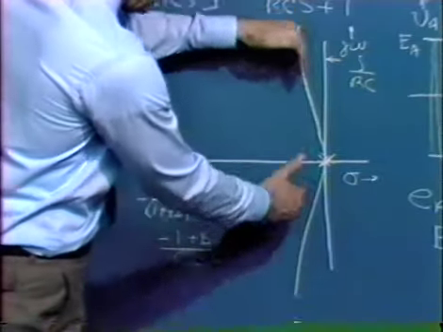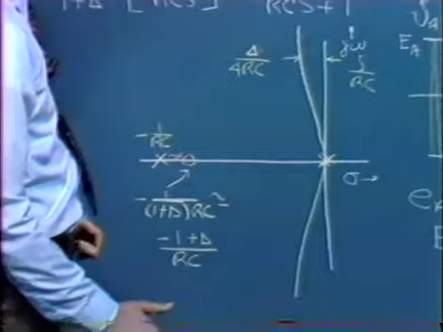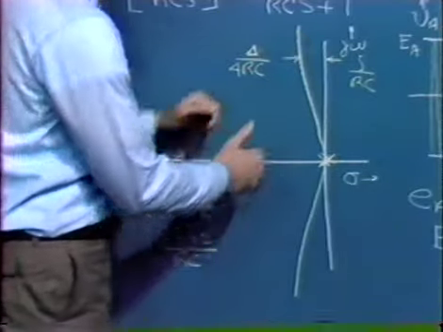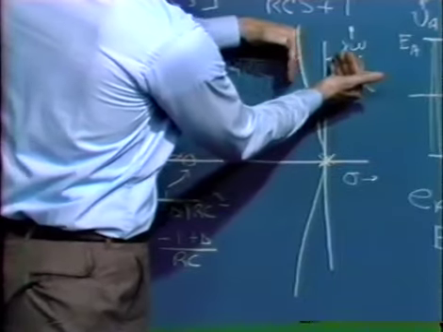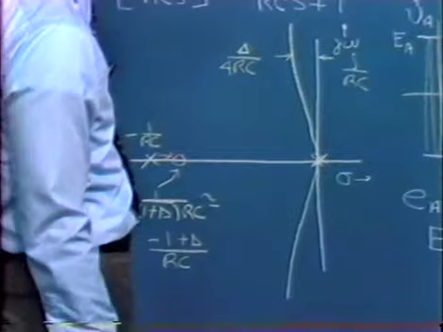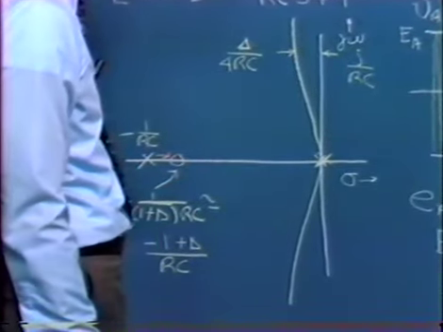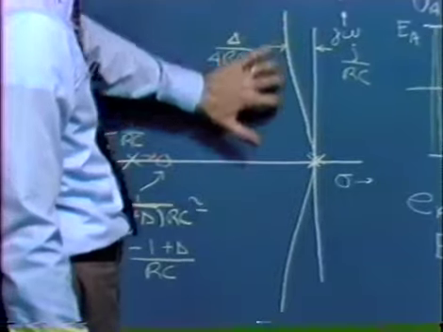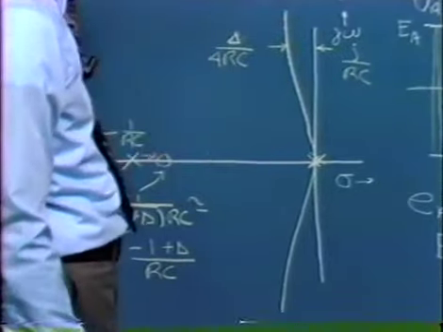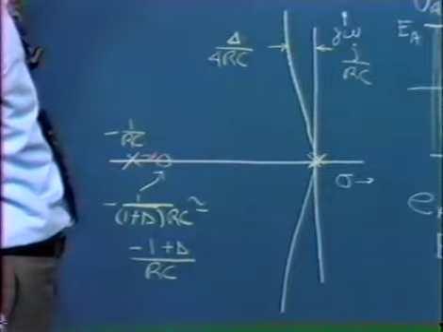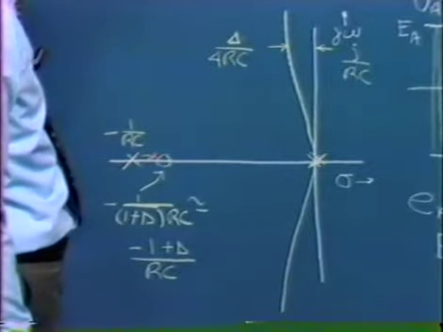Asymptotically, for very large values of the A0 F0 product, this moved to the right an amount delta. Each of these branches would have to move back an amount delta over 2. We can get that either by the average distance argument or by calculating asymptotes for these branches. In either case, we'll find that they move back an amount delta over 2 times RC.